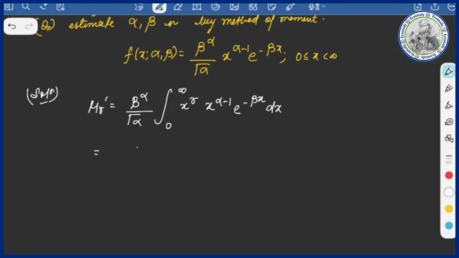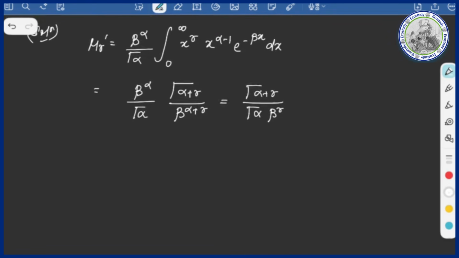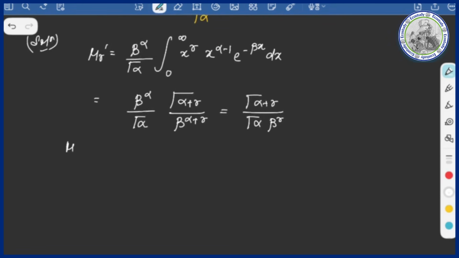When you solve it, what will you get? You will get beta to the power alpha, gamma of alpha plus r upon beta to the power alpha plus r, and when you solve these gamma functions you will get alpha into alpha plus 1 and so on, upon beta to the power r.